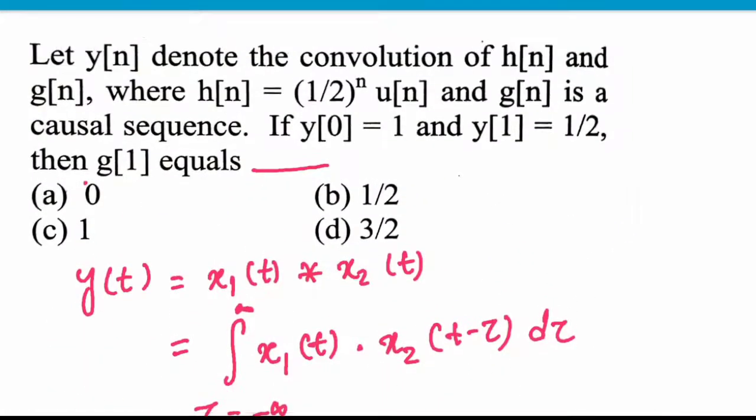So we will apply this formula and both conditions given: y of 0 is equal to 1 and y of 1 is equal to half. First we will apply y of 1 is equal to half.